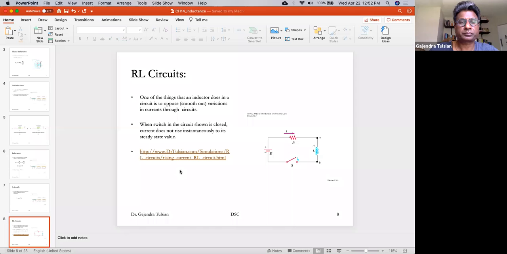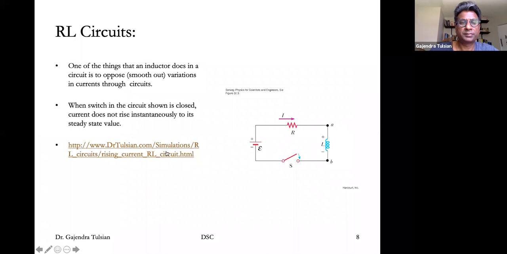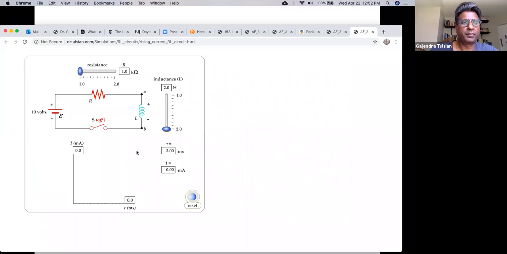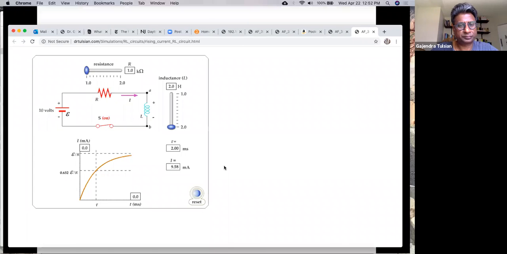All right, so let me show you this simulation. Here's the resistor, here's the battery, and here's the inductor. I'll close the switch, and you see the current is not instantaneously rising, but it rises exponentially. And so what we are interested in finding is I as a function of time. That's what we're going to look at in the next few slides.